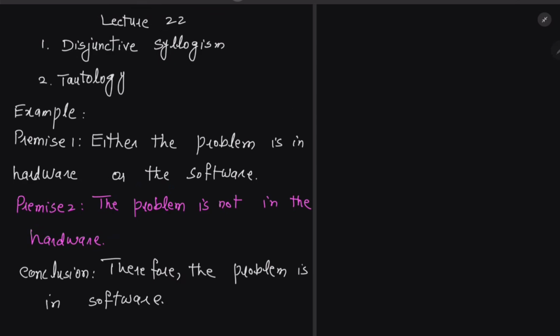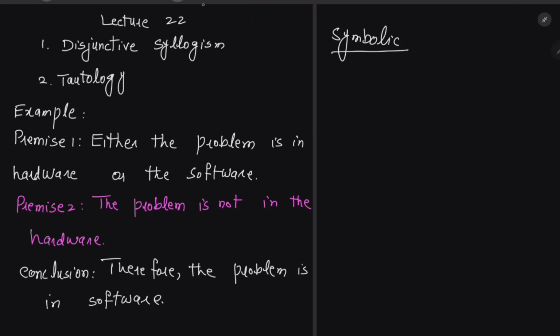Let me just write the symbolic way of this syllogism, which is disjunctive syllogism. So in symbolics, we can write it as follows.